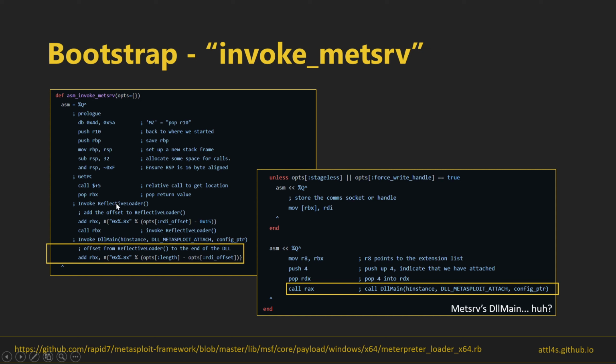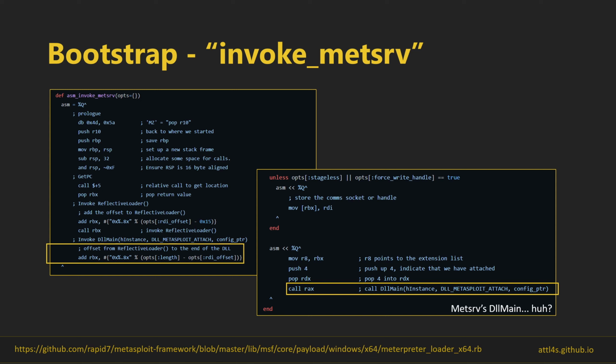So this is the same invoke MetServer code we saw in the previous slides. First, invoke reflective loader, we saw that. It calls the exported function. But then invoke DllMain with the reason DLL_METASPLOIT_ATTACH, and a config pointer. So once again, we know the size of the DLL, we know the size of the configuration block, we know the size of the bootstrap, we know the size of everything.